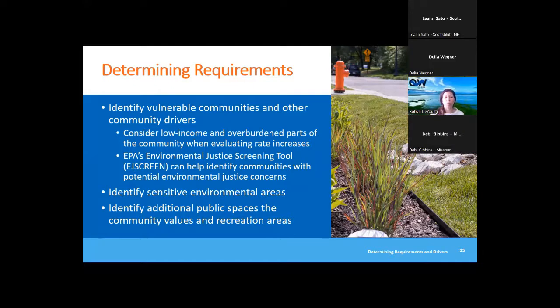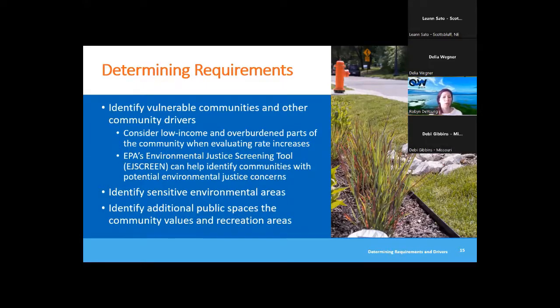And we have some tools called EJ Screen that can help identify communities that have those concerns. But you might already know because you live there and you don't need a tool to tell you that, but we do have that if that's something. There's also sensitive areas. So let's see, we had one person put their hand up. Okay.